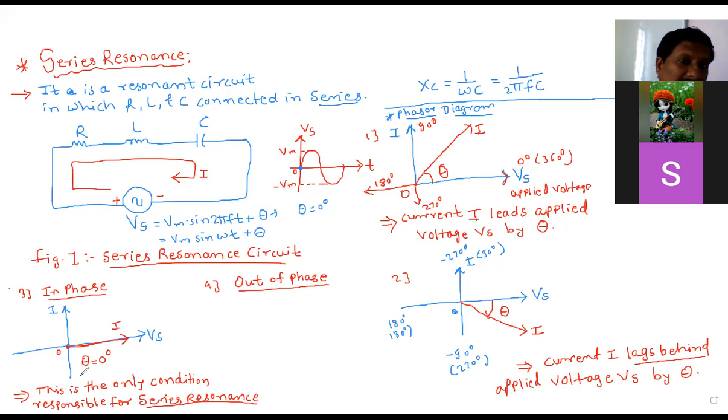मग ती फ्रिक्वेन्सी किती पाहिजे? That will be decided by L and C component. So very interesting it is. Okay. Now out of phase म्हणजेच काय? Out of phase, who will tell what do you mean by out of phase?